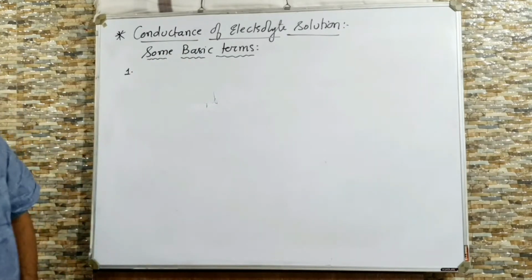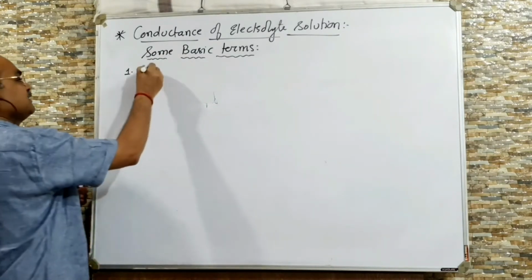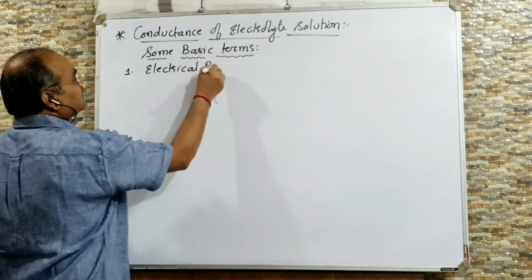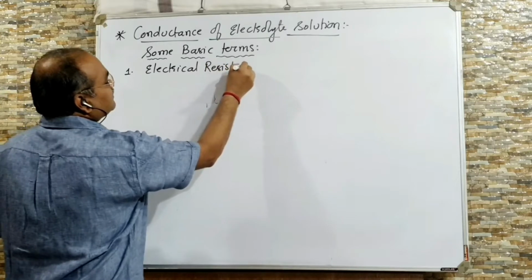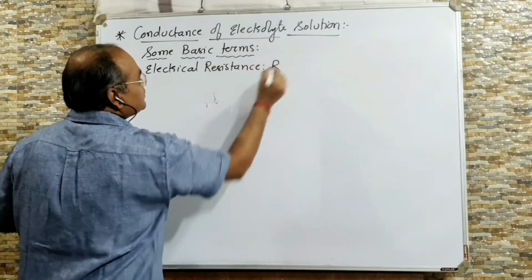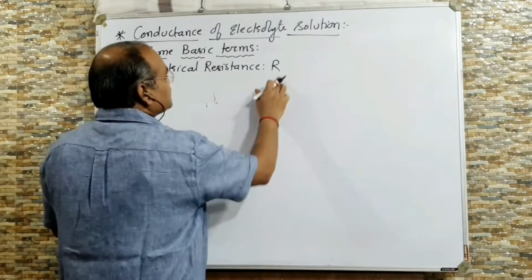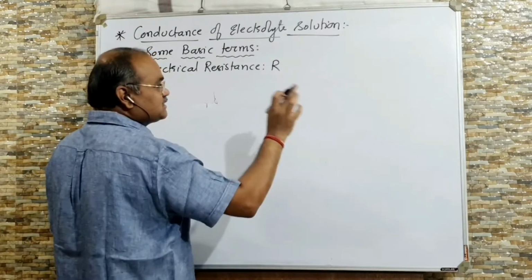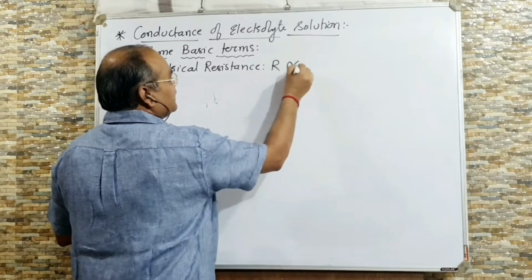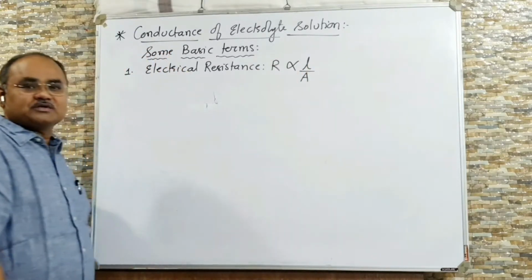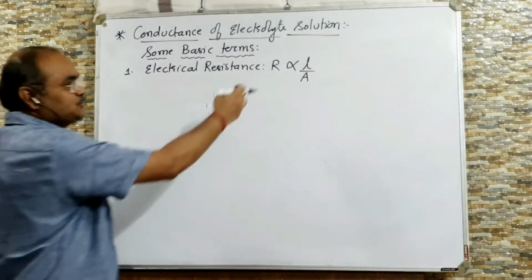First is resistance, electrical resistance. Symbol is R, right? And you have studied that electrical resistance of a uniform conductor is directly proportional to length and inversely proportional to area of cross section. This you have studied.